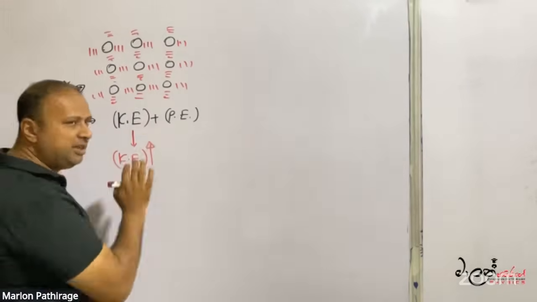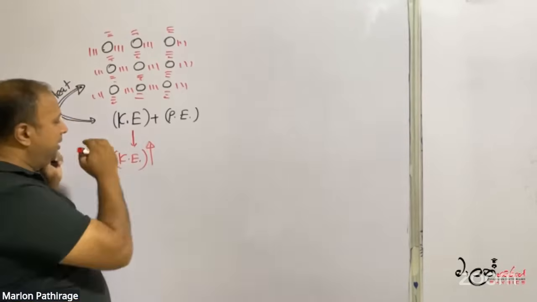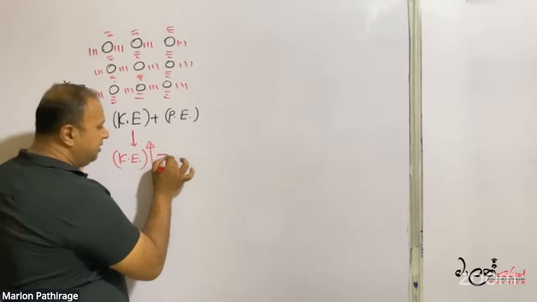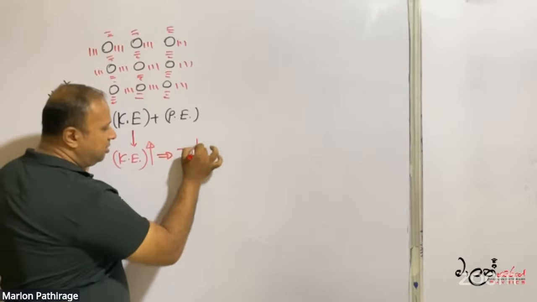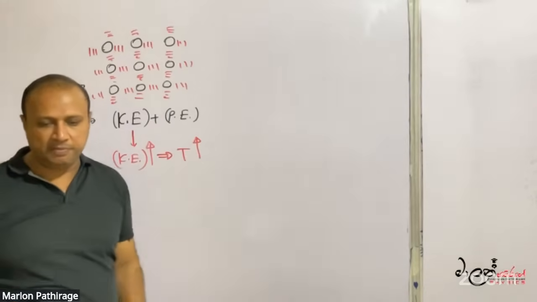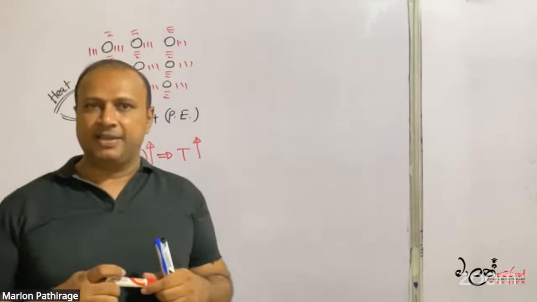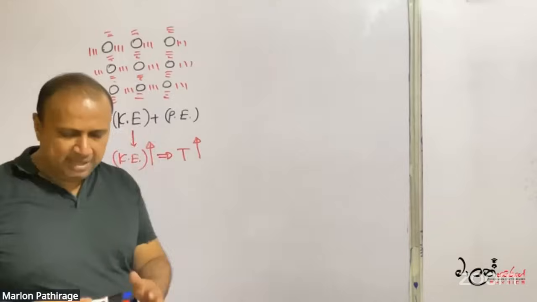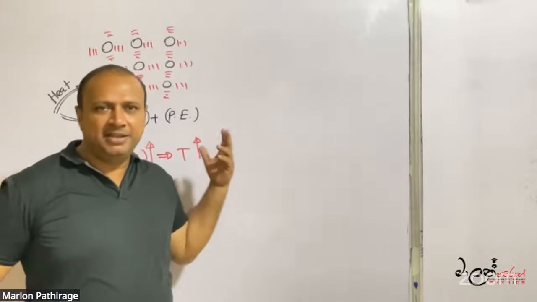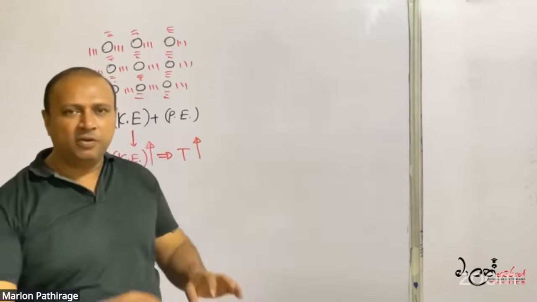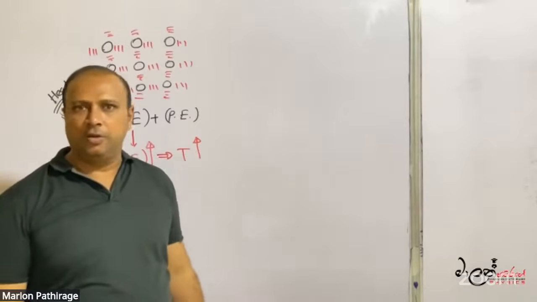The potential energy remains unchanged, but kinetic energy increases. As a result, the temperature of that particle will increase. Still the potential energy remains unchanged, because there are still intermolecular bonds.